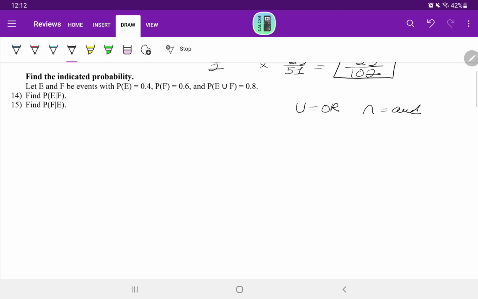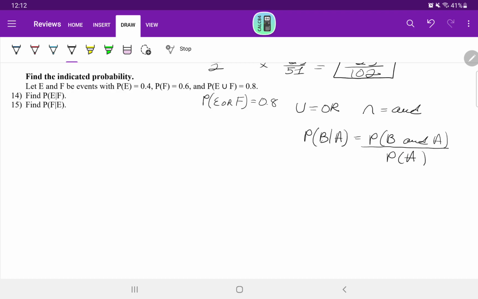Okay, so we can write this as the probability of E or F, 0.8. To find conditional probability, the conditional probability formula is the probability of B given A, which equals the probability of B and A over the probability of A. And I can't stress this enough, so I'm going to write it right here.